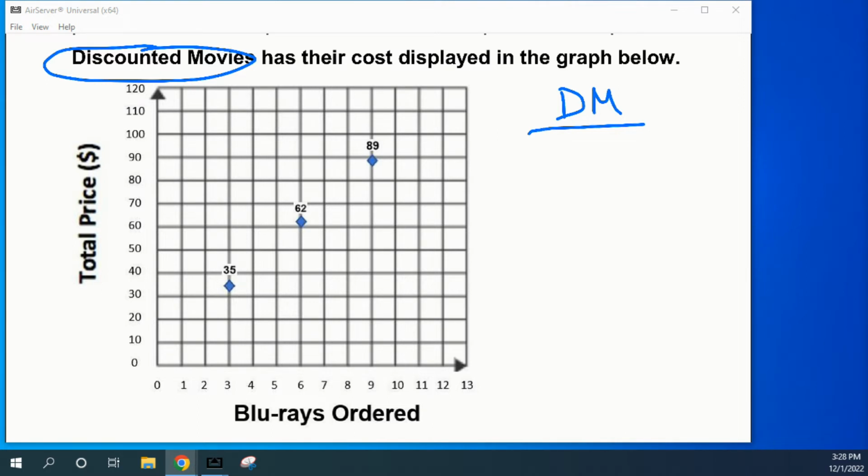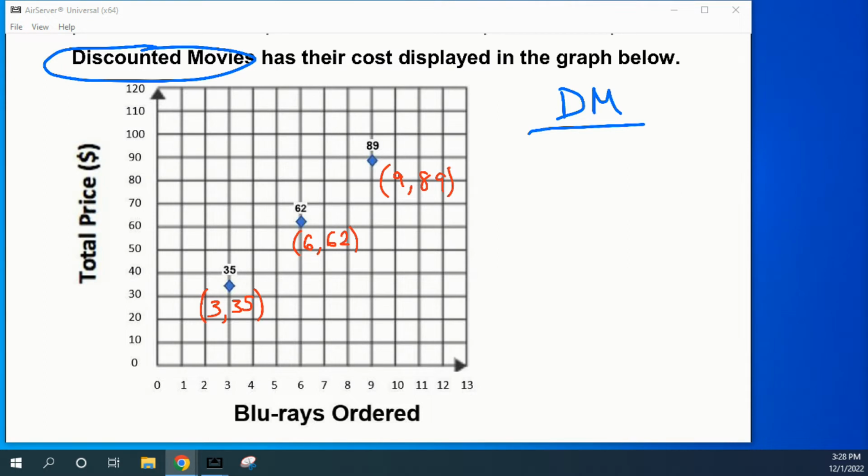So this is going to be the ordered pair (3, 35). This will be the ordered pair (6, 62). And this will be the ordered pair (9, 89). All right.